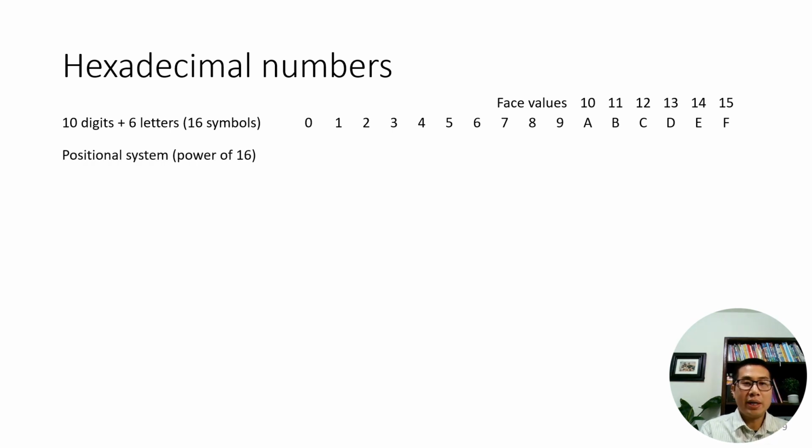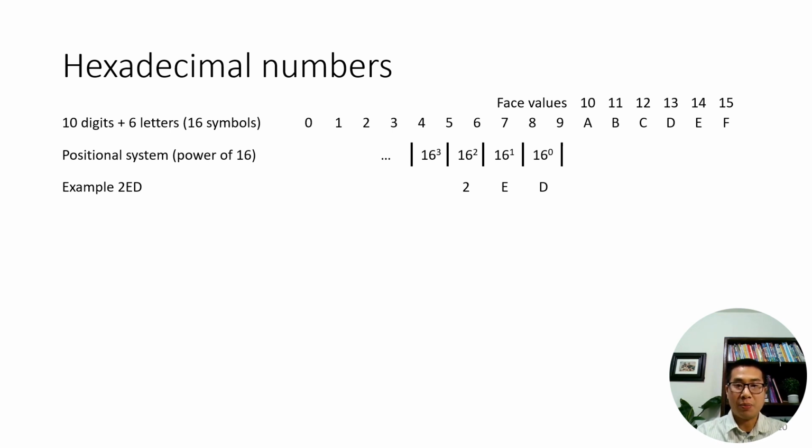So it is also a positional system, so it is also power of 16. And that's why for the first column, it's going to be 16 power 0, second column 16 power 1, third column 16 power 2, and so on and so forth. Now, let's say we have an example which is 2ED. This 2ED is going to have the face values in 3 columns or 3 positions like this, and it works in the same way.